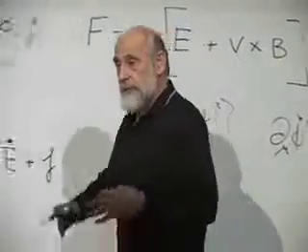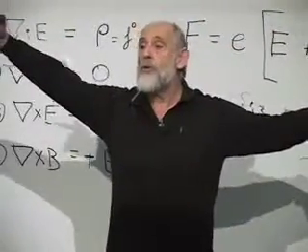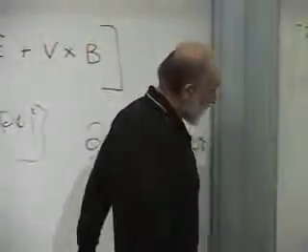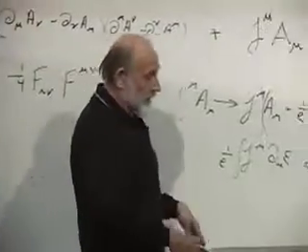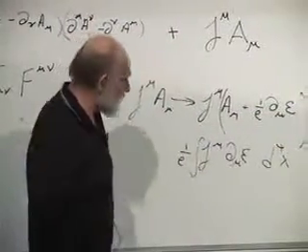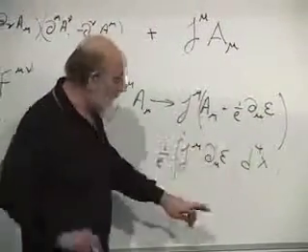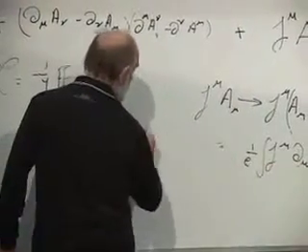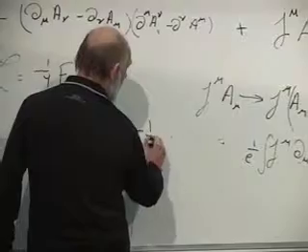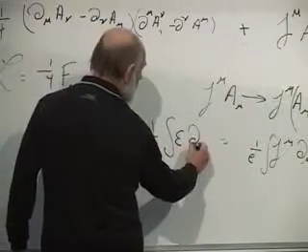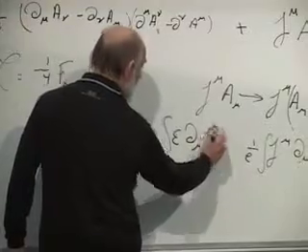Yes, you get a surface term, but let's imagine integrating over all space-time to calculate the action. Assuming that very, very far away the fields and the currents become 0, this is equal to minus 1 over E, the integral of epsilon times d mu j mu.